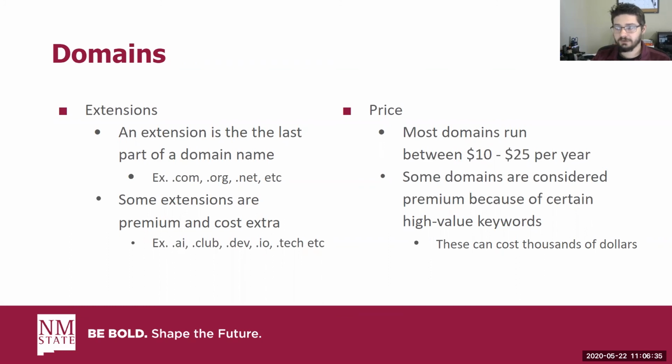They can cost in the thousands of dollars, sometimes in the millions of dollars. So think of those high-value domains as like the beachfront real estate properties on the coast of California that are worth millions of dollars, versus the normal ones, like the middle of America here in New Mexico, which would be a lot cheaper. Doesn't mean they're not good. It just means they're not as sought after.